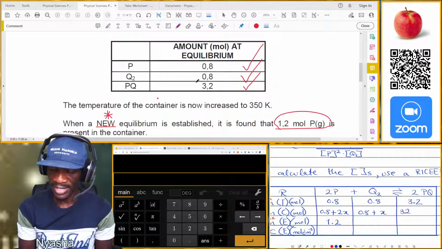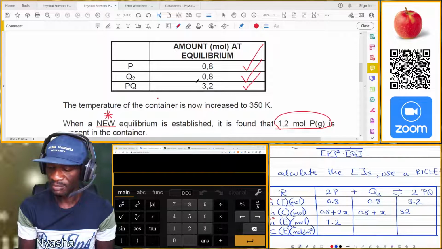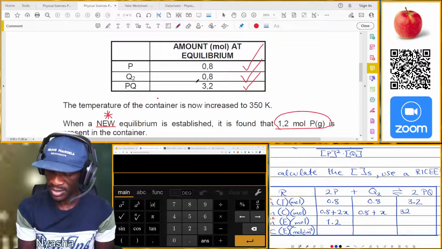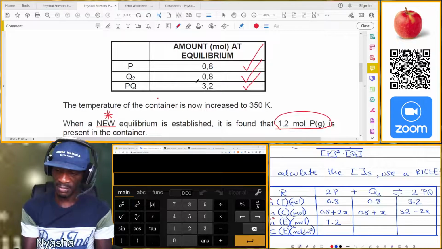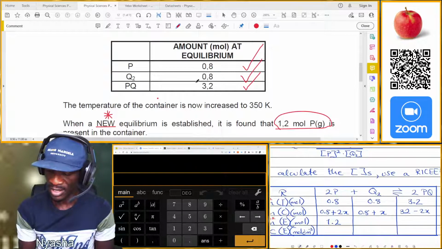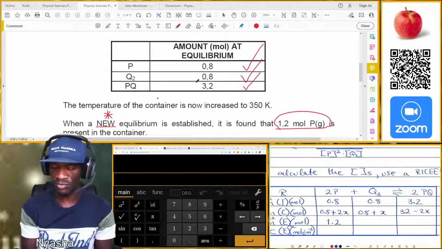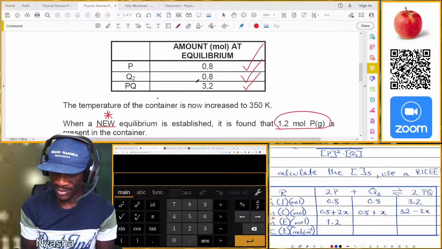So 0.8 increased by X, and then the products are obviously going to decrease, isn't it? The products are going to decrease by 2X. So this stoichiometric ratio is very important for you to tell what's taking place. So this is our set of equations that we will use to find the unknowns. So let's look at our equation once again.